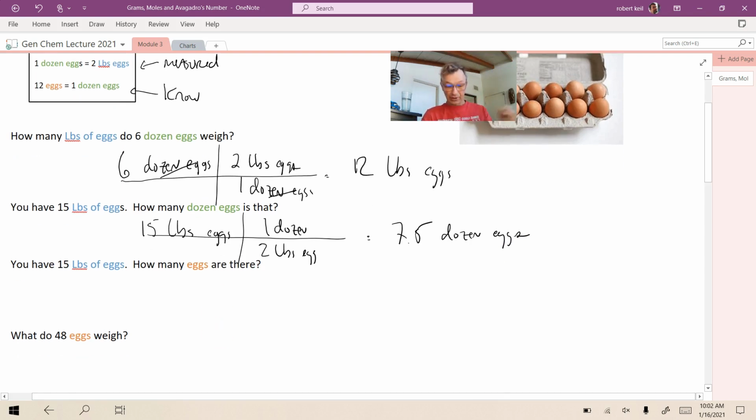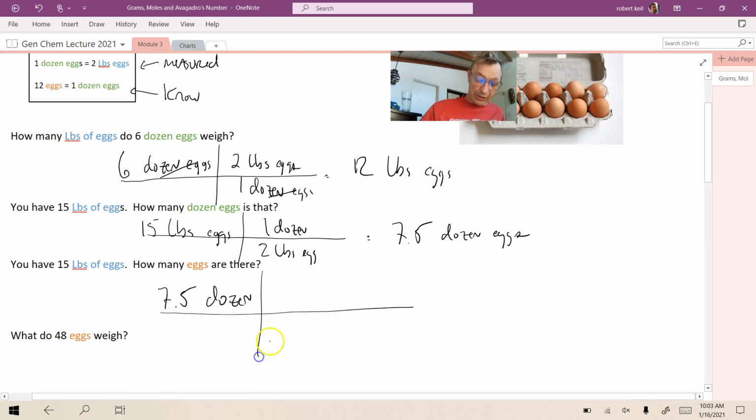If I carried that calculation on a little bit more, and I said, how many eggs is that? Not how many dozen eggs, but how many eggs there are. Right, makes sense in English. In green, I wrote dozen. In kind of orangey, I wrote eggs, but you can figure that out. So I would copy the same thing down, or I could just bring this number down from up above.